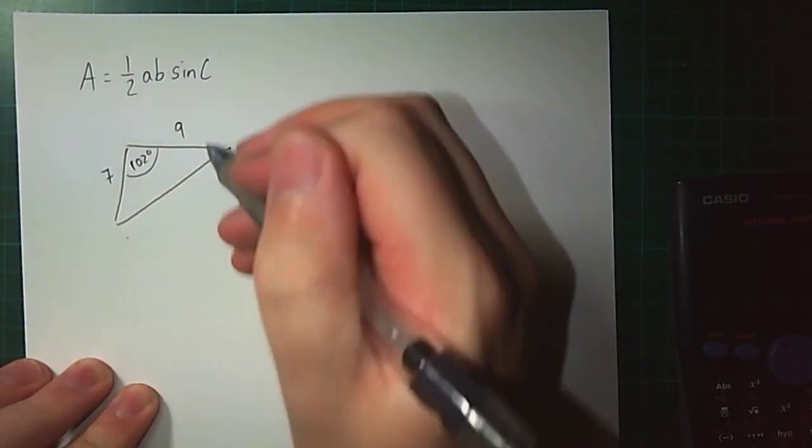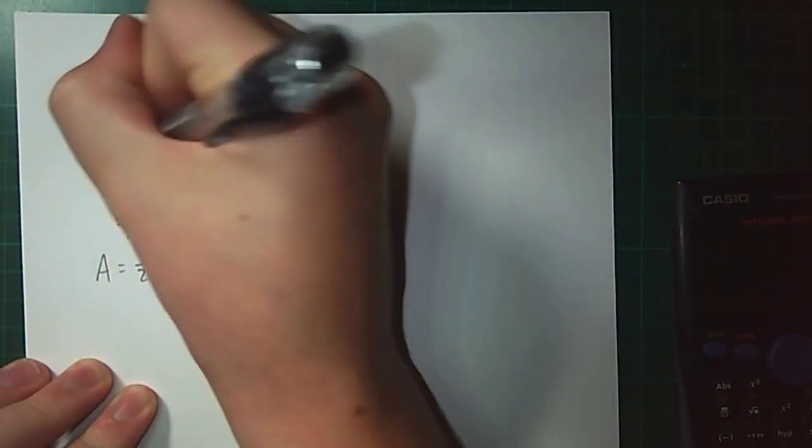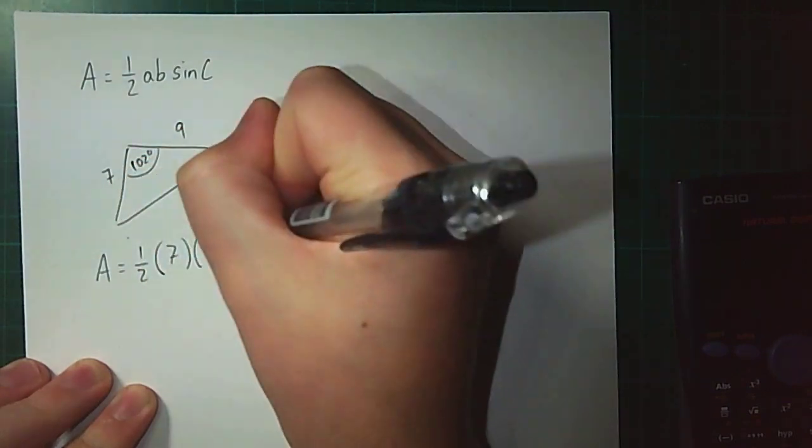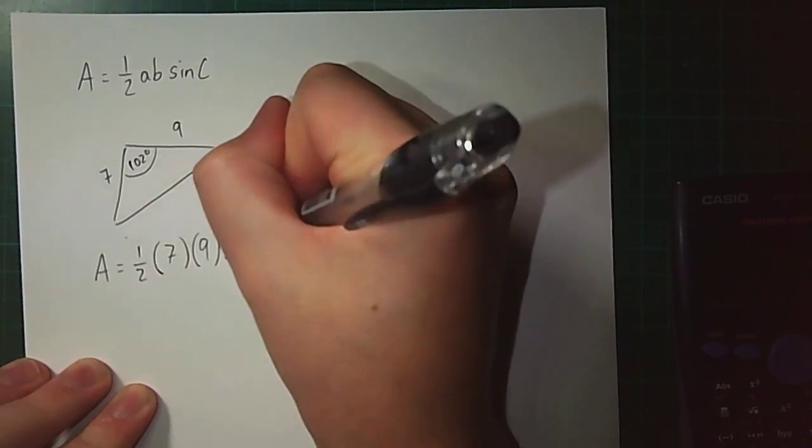We've got our trinity. We have our A, which we'll say is 7, our B, which is 9, and then the sine of the angle in between.